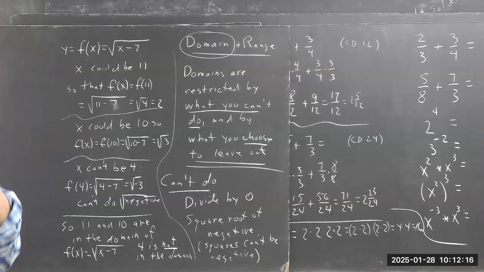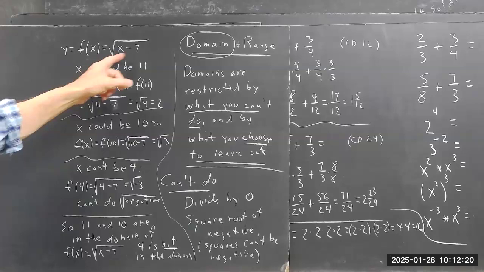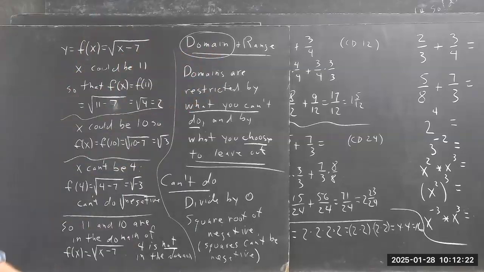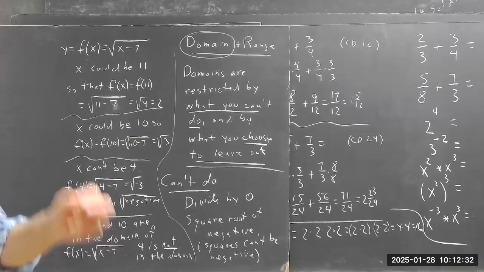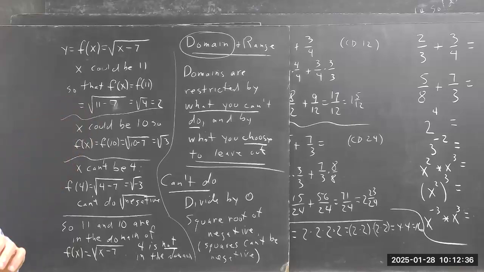Okay, what about 8? You get the square root of 1, right? Square root of 1 is 1. Okay, what about 7? What do you get? You get 0, right? Well, is there a number you could square to get 0? Yeah, 0. Okay, so X could be as small as 7.